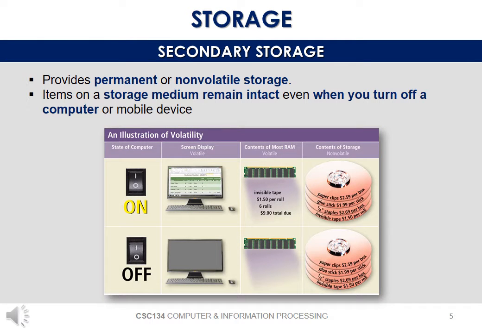Then we move to secondary storage. Secondary storage provides permanent or non-volatile storage. Items on a storage medium remain intact even when you turn off a computer or mobile device. So we can see an illustration of volatility when the computer is on or off.